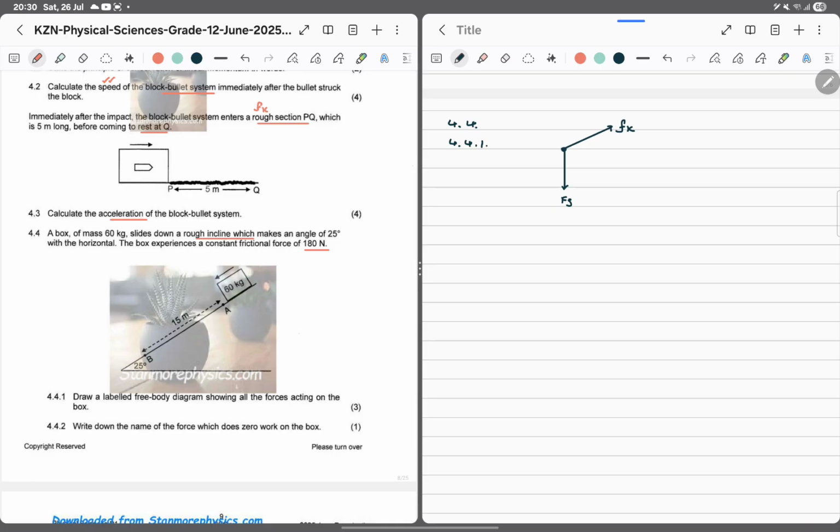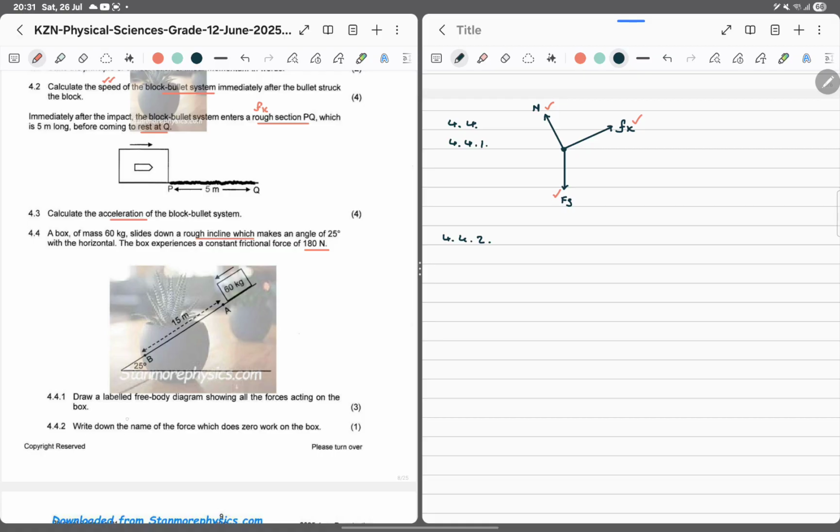Since this is a moving object, it's Fk. And perpendicular to the incline will be the normal force. Again, guys, those labels are recognizable in physics. You don't need to provide labels for those unless you want to. But if you use unusual notations, then you have to provide a key.